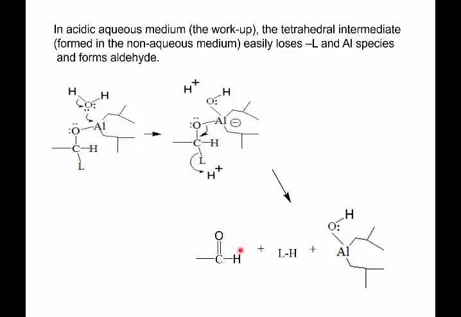You see this is not further reduced because all the hydride donor species are gone. They'll react with the acid that you're adding in the acid workup phase. So that's how that reaction works. It's a good reaction, it goes in high yield.